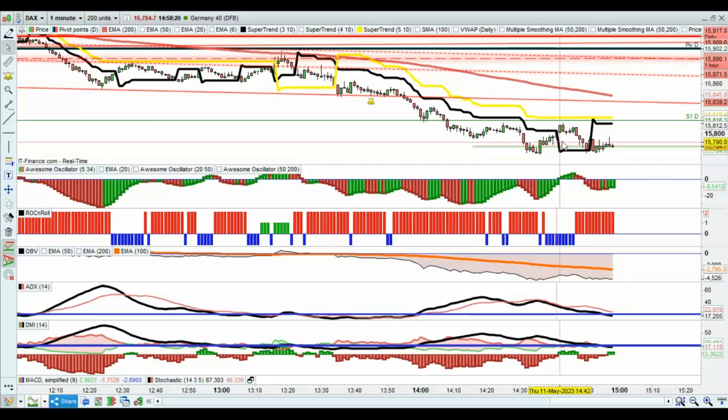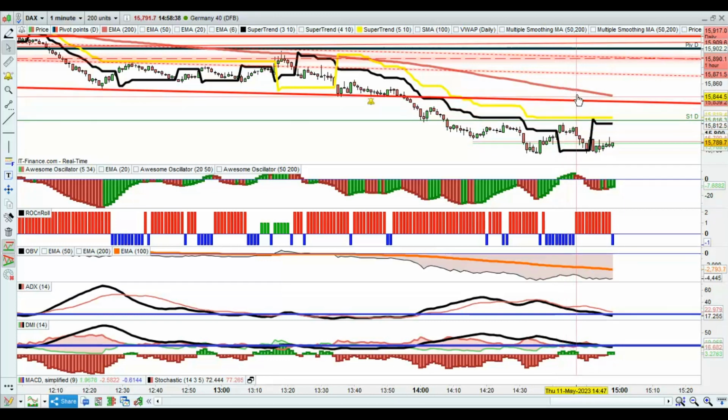So that was a nice 100 pip move there, and of course it started to cross super trend here, so we would have closed the trade at that point. I can see that it's actually dropped down again, but we close the trade in case this starts to move back up again.